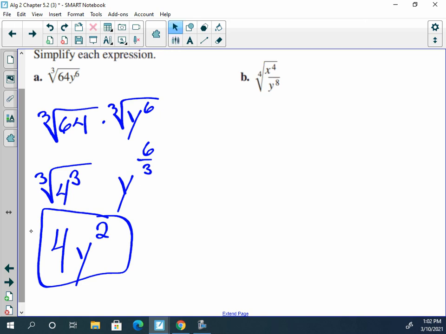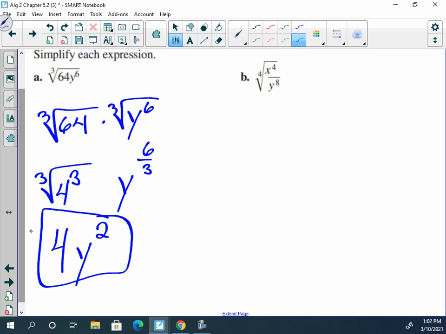And we're done with this here. Now, because it is an odd root, we took a cubed root, we don't have to worry about absolute value bars. We don't have to worry about positive or negative. We're fine with odd roots. So any questions on this here so far? Any questions on anything we've done so far? Okay.